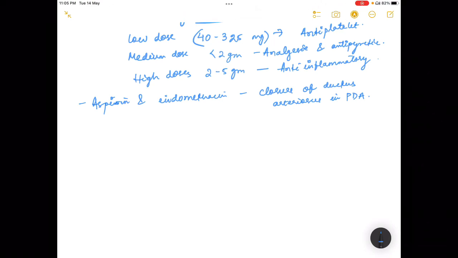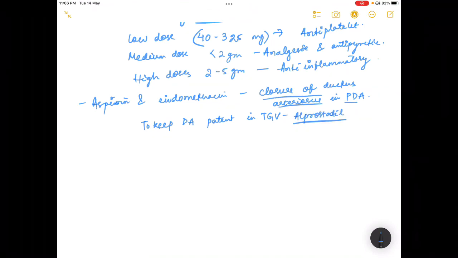The prostaglandin used is alprostadil, to keep ductus arteriosus patent in case of transposition of great vessels. Which prostaglandin is used? Alprostadil. And for closure of the ductus arteriosus in PDA, NSAIDs like aspirin and indomethacin are used.